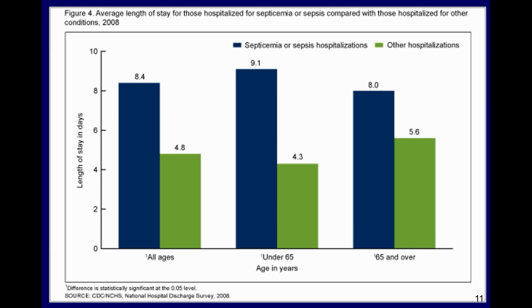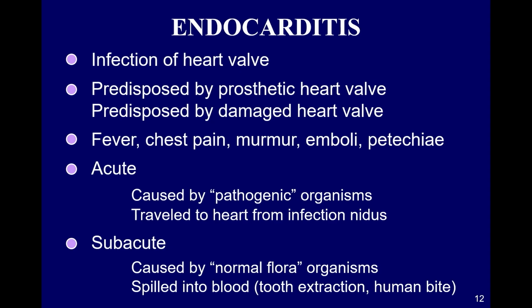Then my last one, average length of stay for those with septicemia or sepsis versus other hospitalizations. The bean counters go crazy over this one because there are a lot more hospitalization days for sepsis versus other conditions. Any questions on bacteremia or sepsis before we move on to lub-dub?